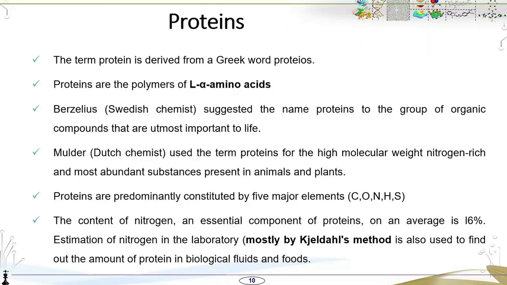Amino acids are the building blocks of the proteins. So these proteins and amino acids are very important to life. This Swedish chemist identified that importance. So this Swedish scientist suggested the name protein for the group of organic compounds that are of utmost importance to life.